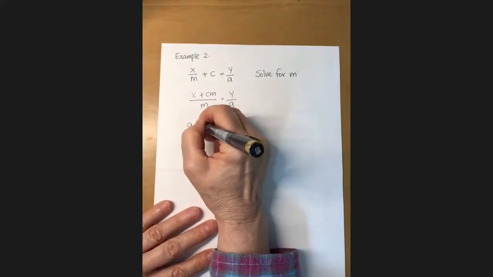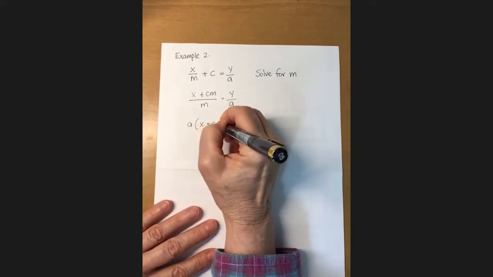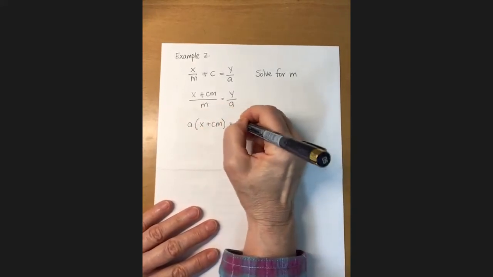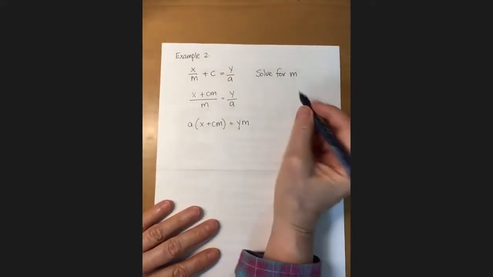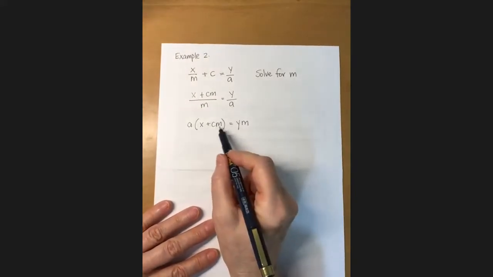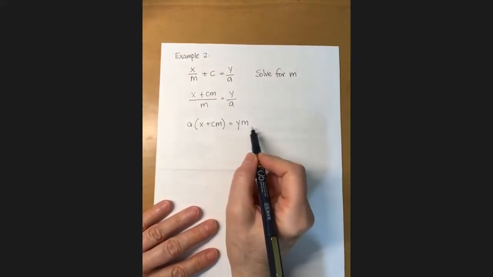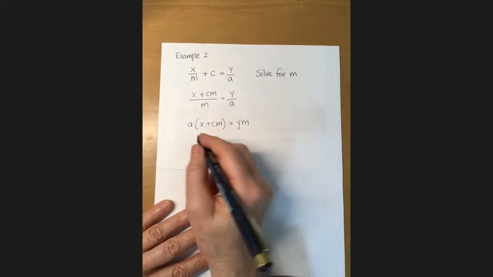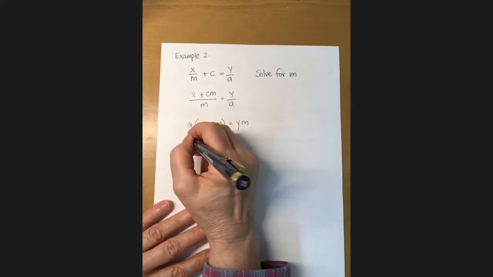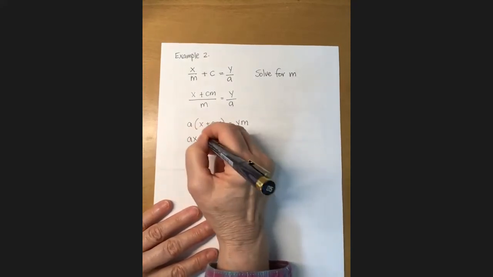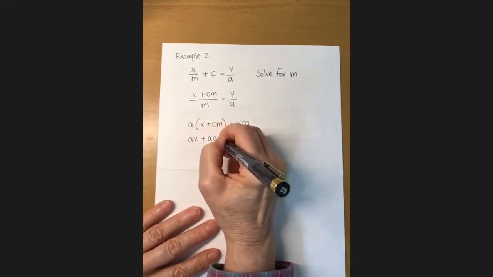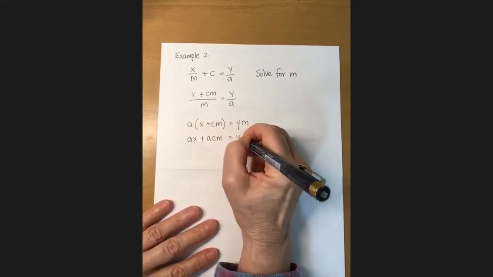A times x plus cm equals ym. Now we're solving for m, so we've got to get this m on the same side as this m, so we need to do the distribution. ax plus acm equals ym.